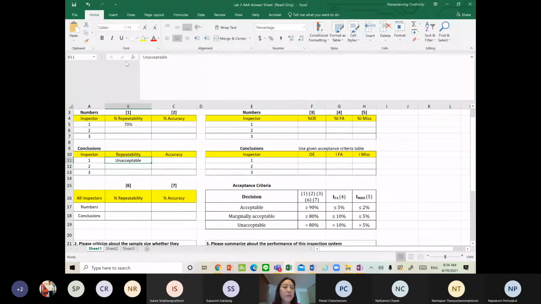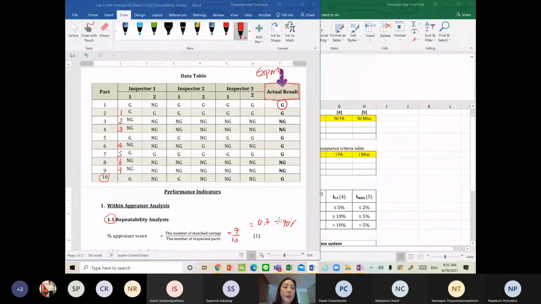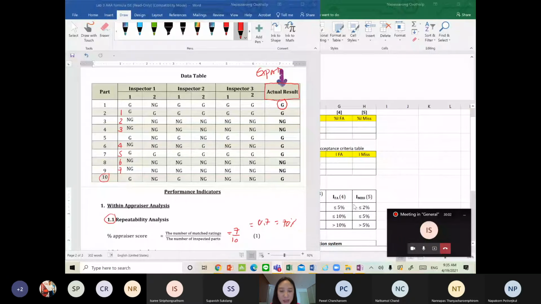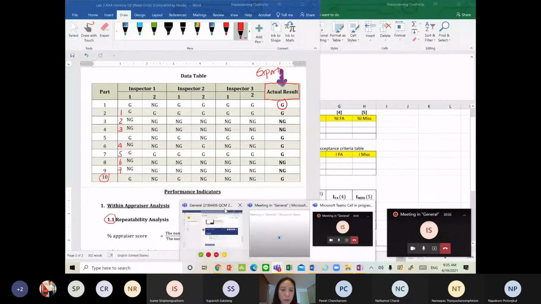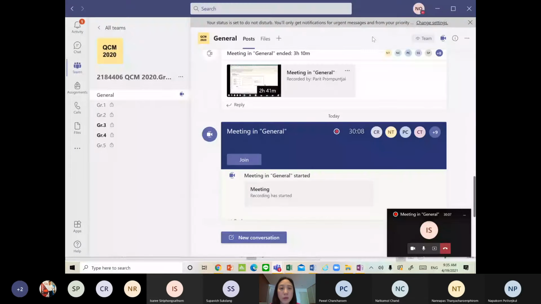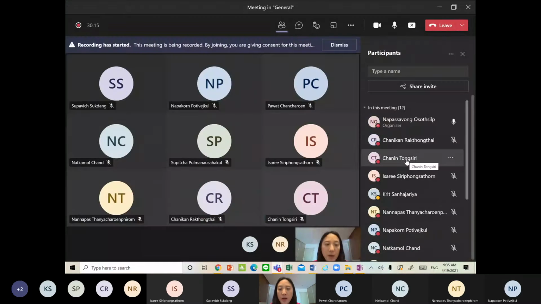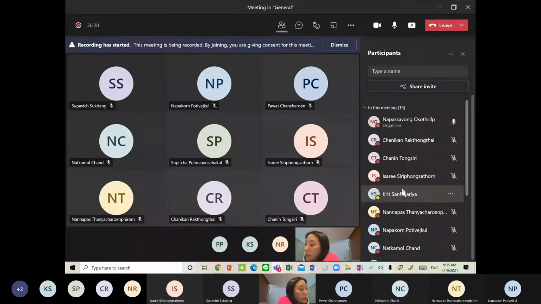Do you get that? Now let's do this for inspector number 2. If we talk about repeatability, maybe I'll ask for your participation. Each one of you, please be prepared to do this together with me. How about Kritika? Great.